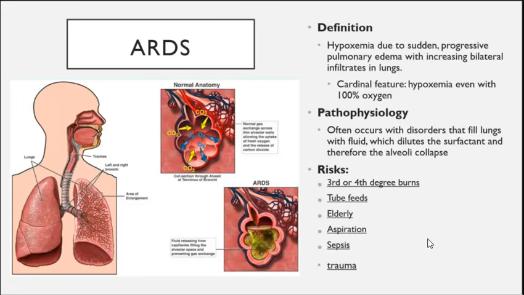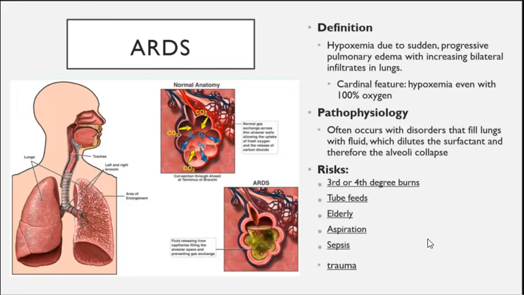So do not forget that your surfactant is being decreased. There's decreased pulmonary compliance. There's lots of shortness of breath. There's likely an underlying issue causing this response. There's pulmonary infiltrates, or what we call ground glass appearance, when we get a chest X-ray.